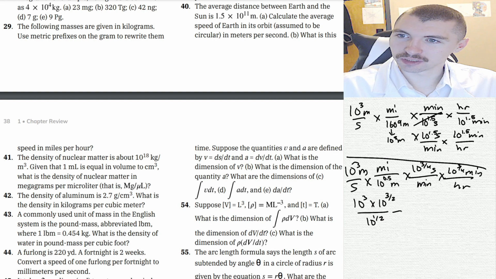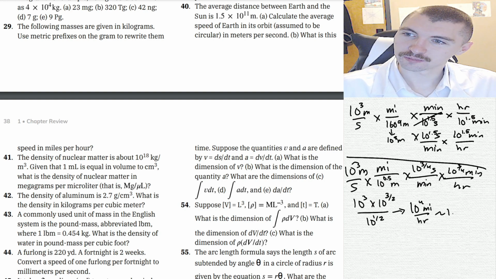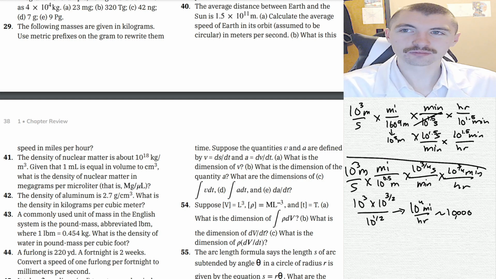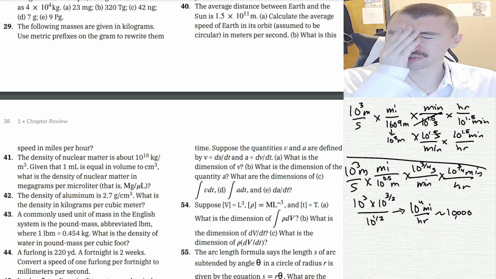So that's going to be 3/2 minus 1/2 is 2/2, which is 1, which will be 10 to the 4th miles an hour. Which is way bigger than we want still. Okay, what are we doing wrong?